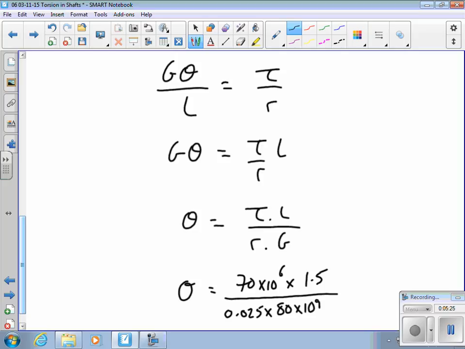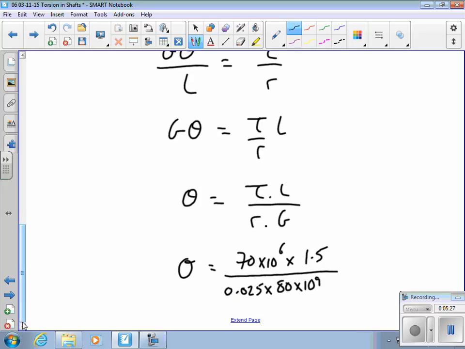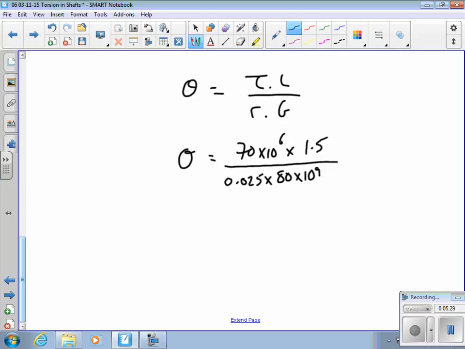And that's what I key into my calculator. So what does theta turn out to be? 0.0525. Unit? Radians, not degrees. It gives you the angle in radians.